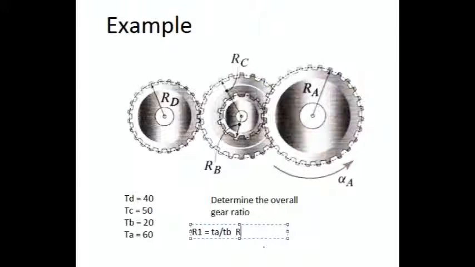We'll call this R2 equals TC divided by TD. And the overall gear ratio is the product of all the individual gear ratios. That is, I will call this R total equals R1 times 1, which is the gear ratio of RC and RB, multiplied by R2.